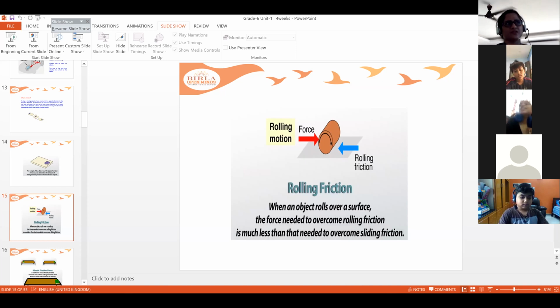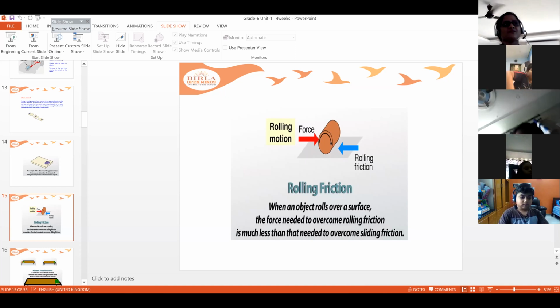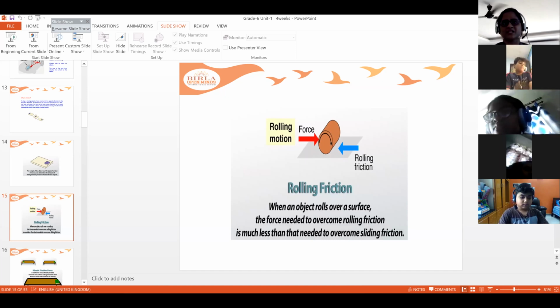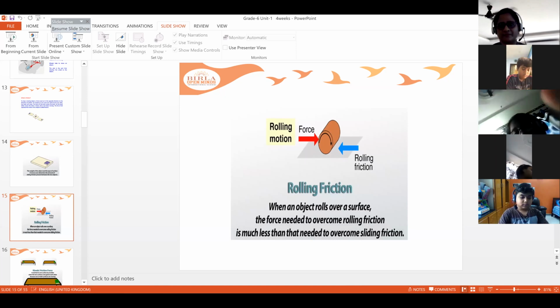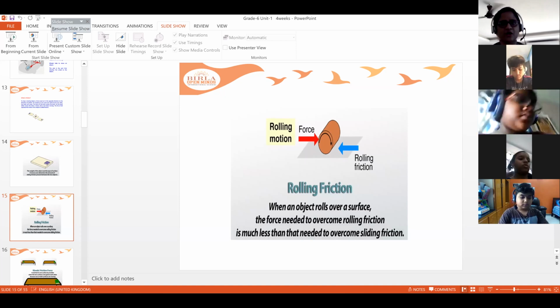You will fall down, you will slip. Why does this happen? Because water creates less friction. Water removes the friction, so we don't have grip over the ground. Frictional force stops you from falling down.